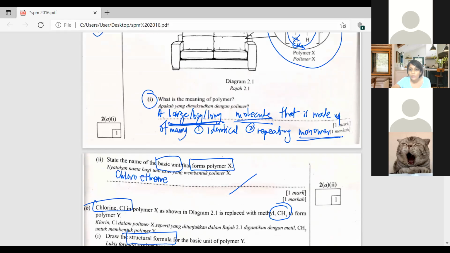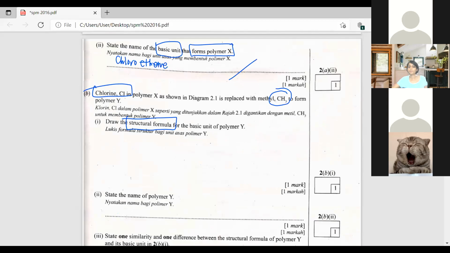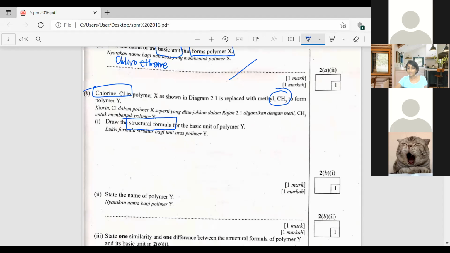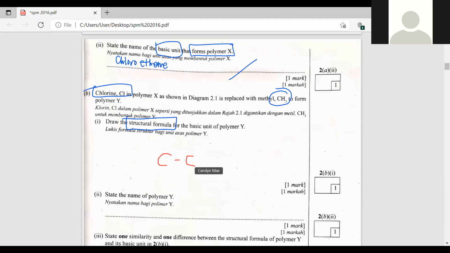Who's the brave soul here? No brave soul today. Navina, feeling Caroline. All right. Just happy that you all tried. Let's see whether Caroline's answer is correct or not.